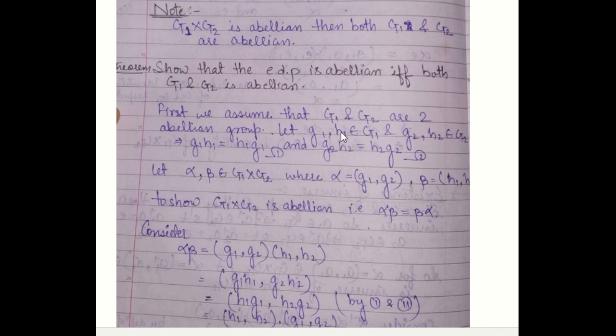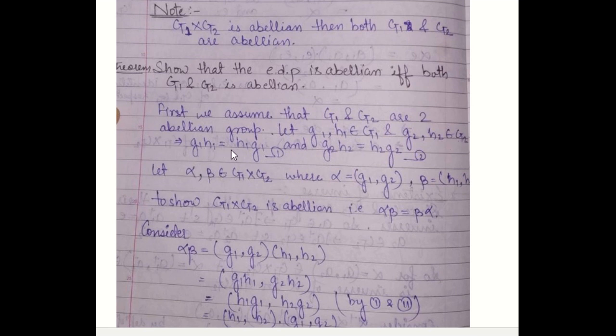So first we assume that G1 and G2 are two abelian groups and prove that G1 cross G2 is abelian. So let G1 and G2 be two abelian groups, and let g1, h1 belong to capital G1 and g2, h2 belong to capital G2.